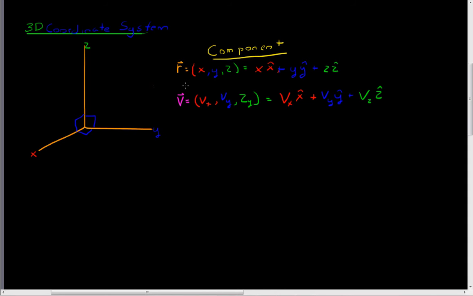Using this stuff right up here, I'm going to say that the velocity vector is equal to the change in position over the change in time, which is equal to the change in all of this business, x hat plus y hat plus z hat.